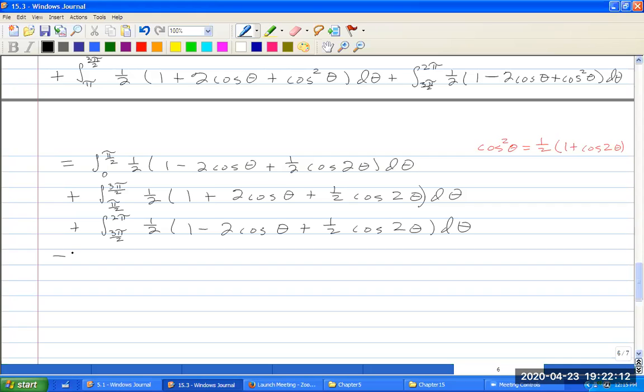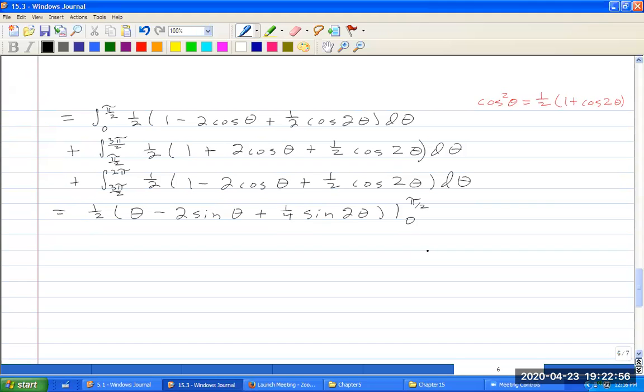Okay, so let's integrate. So it's 1/2. The integral is theta. The derivative of sine, so that's a minus 2 sine theta, plus 1/4 sine 2 theta, for theta between 0 and pi over 2.